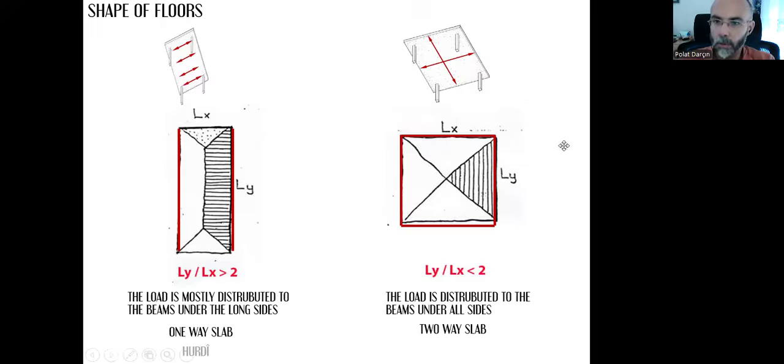The loads will be transferred to this direction and to the opposite, perpendicular direction, in two ways. That's what we call it. And in Turkish, it's called dal. It's not dal. You need to pronounce it softly. That's why we have again the hat. Dal. Dal döşeme. Hurdi döşeme, dal döşeme.